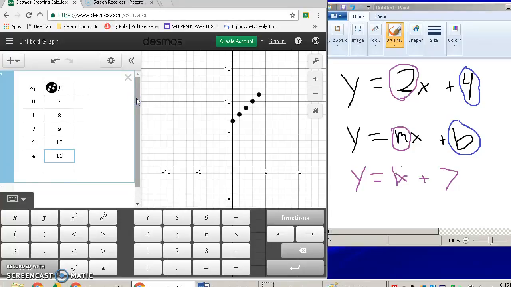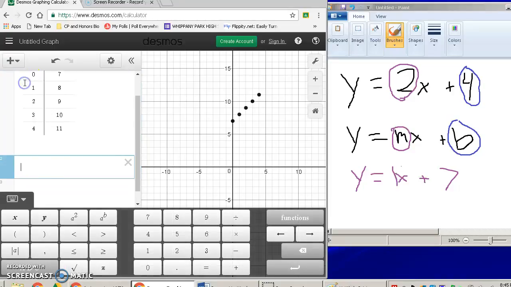Now that we've placed our values into a table, let's put in our expression and see if we're correct. So let's do y equals x plus 7. There we go.